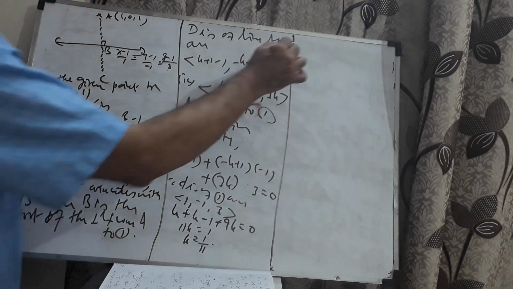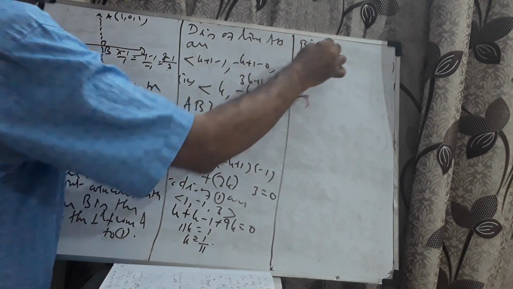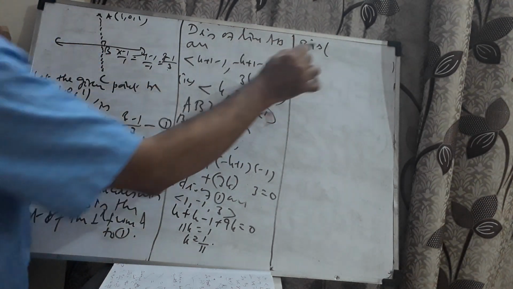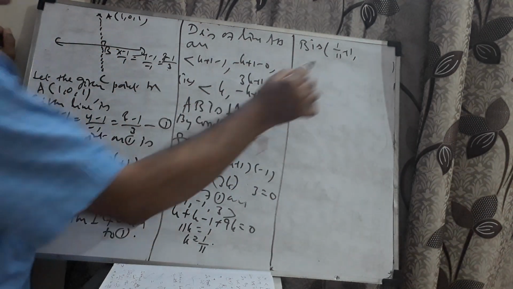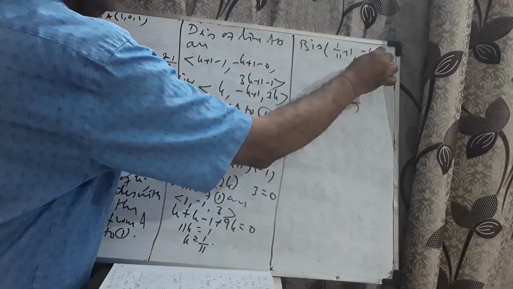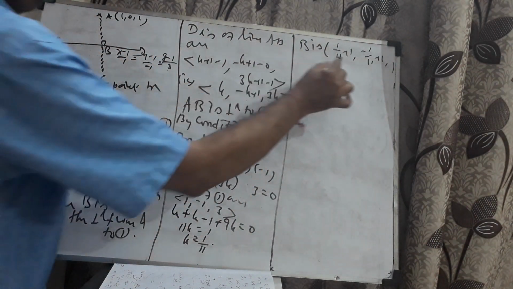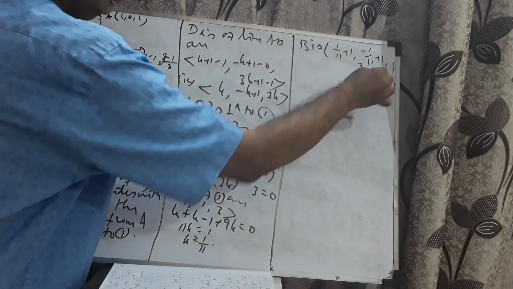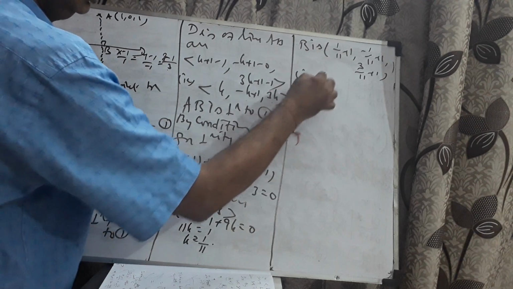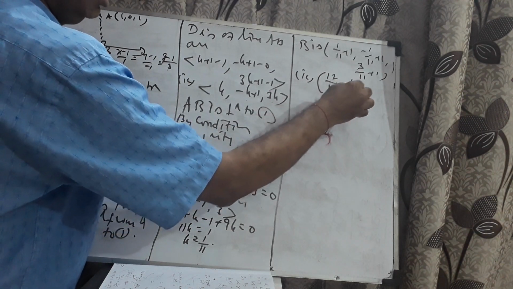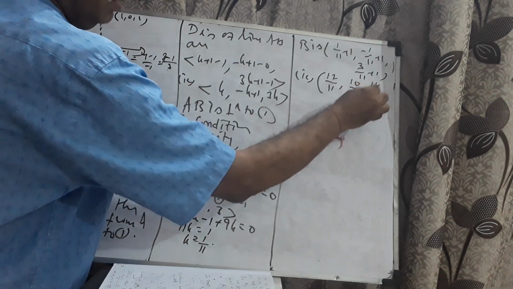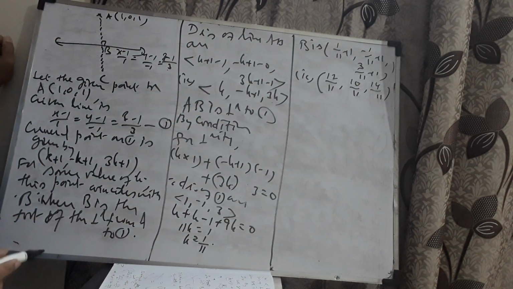Therefore point B now becomes, replace k by 1 by 11: I'll get 1 by 11 plus 1, again minus 1 by 11 plus 1, comma 3 by 11 plus 1. That is, after taking LCM, I end up with 12 by 11, 10 by 11, and 14 by 11. That will be my foot of the perpendicular automatically.